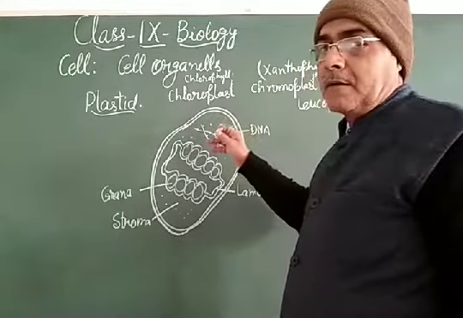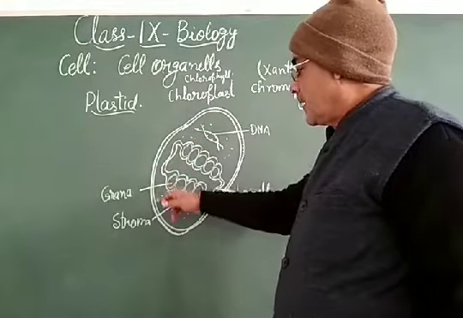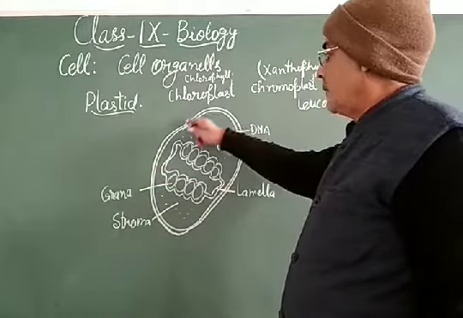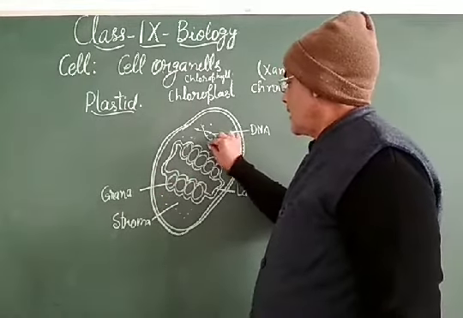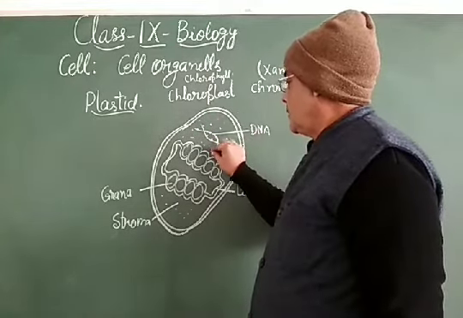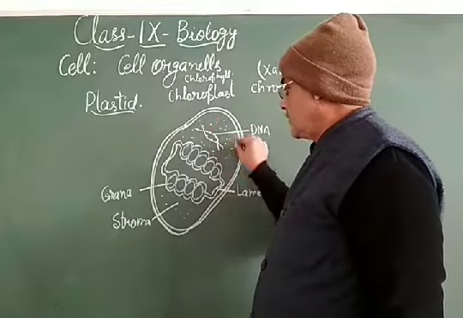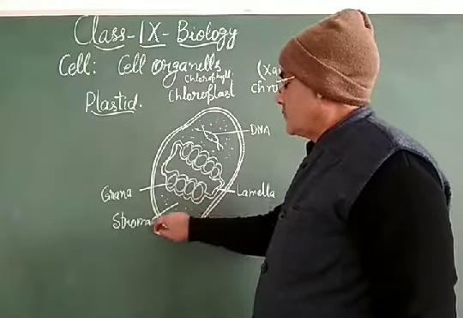cell organelle of the plant cell, and it is formed in the form of a double membranous structure. This is a double membranous structure, and inside it there are deep grooves, and these deep grooves are called stroma.